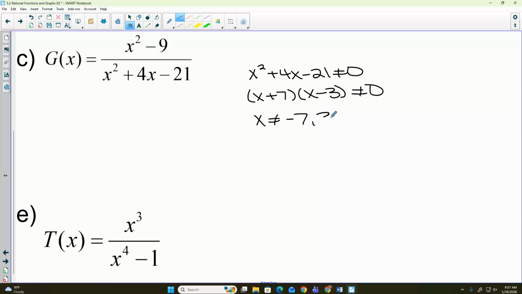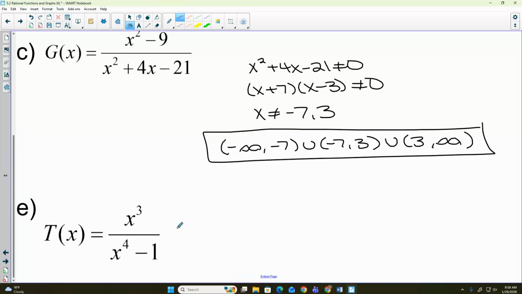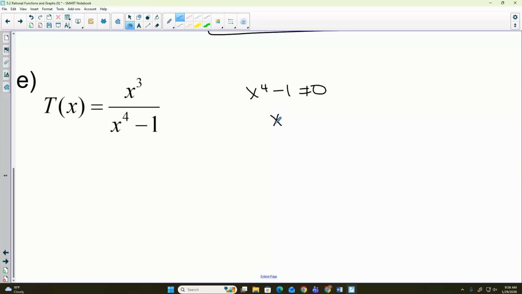So on the first one, did you get x can't be negative 7 or 3? What would the interval look like if you wrote that? Good. All right, E. So x to the 4th minus 1 can't be 0. x to the 4th can't equal 1. If you take a 4th root, what do you have to put in front of that?